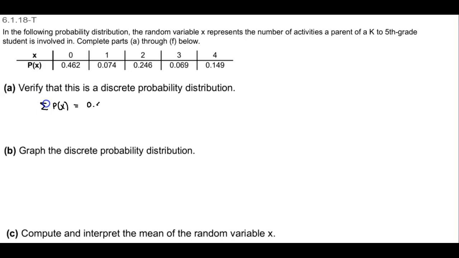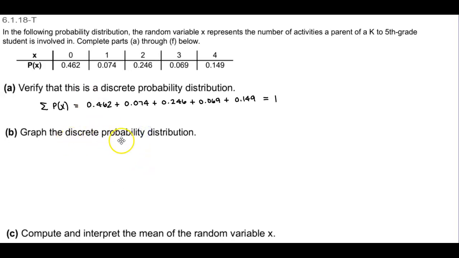So if we take 0.462 plus 0.074 plus 0.246 plus 0.069 plus 0.149, we get the value of 1. So this is a discrete probability distribution because the sum of the probabilities is 1, and each probability is between 0 and 1 exclusive.